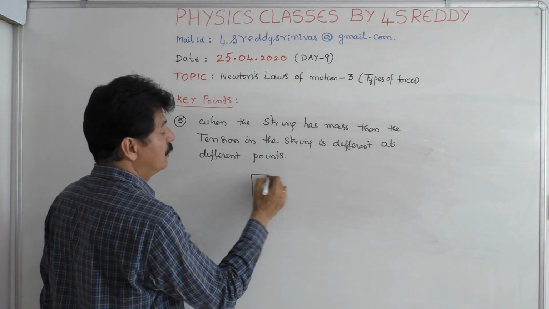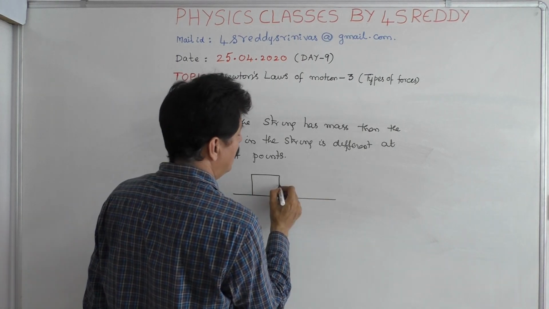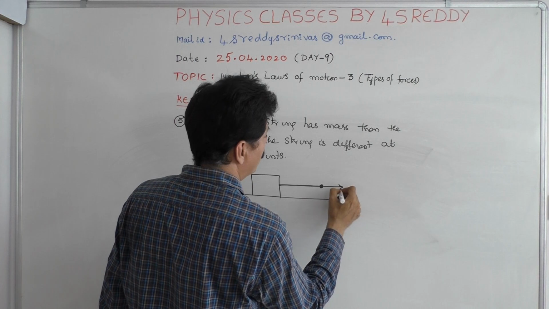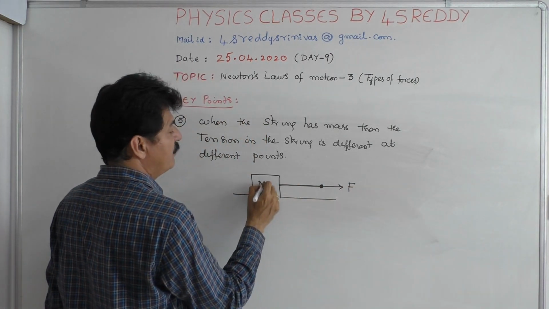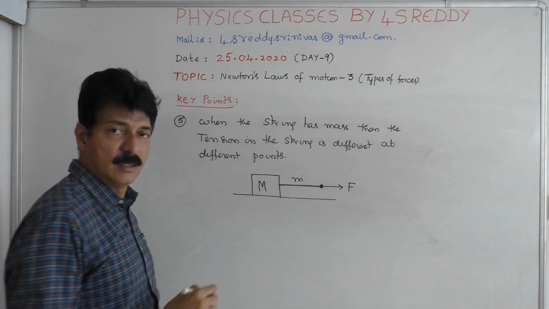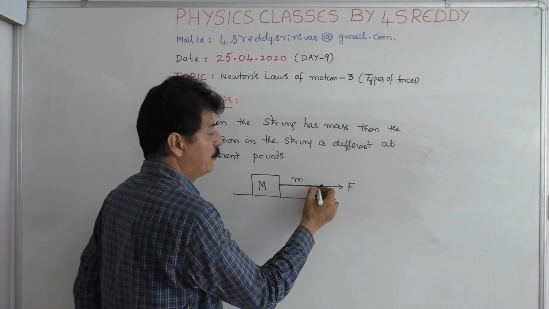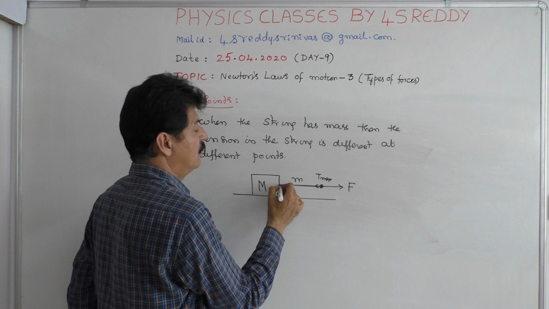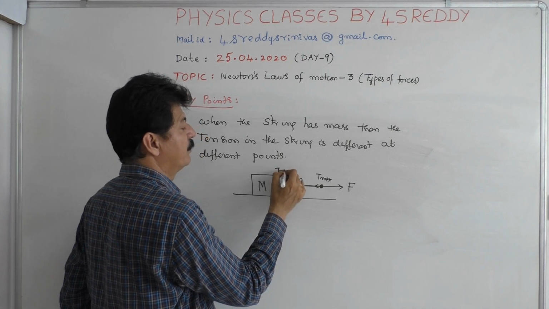For example, this is a rope that is connected, and now you are applying a force capital F. If M is the mass of this one, at the point here the tension is maximum and here the tension is minimum.